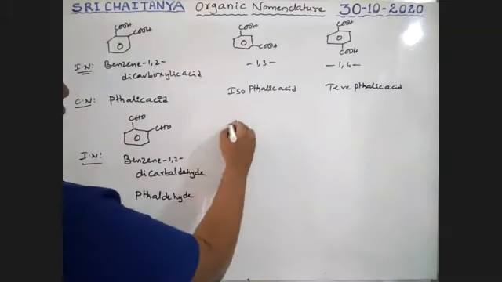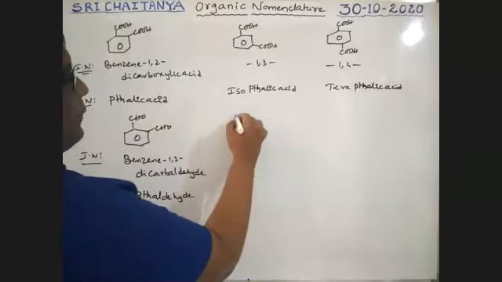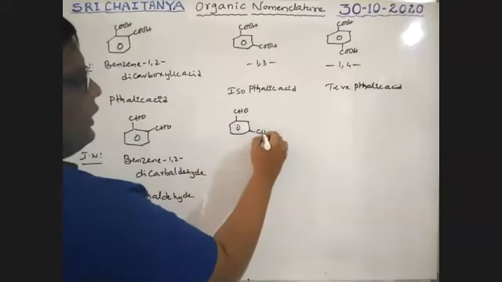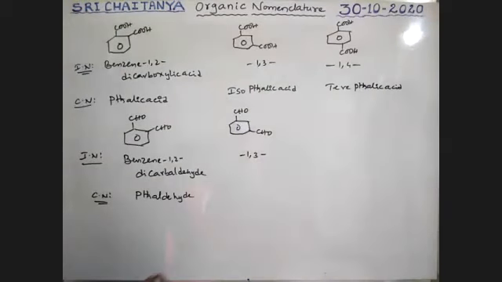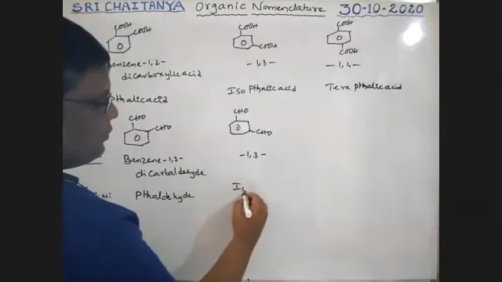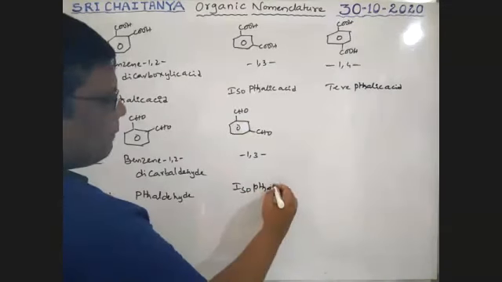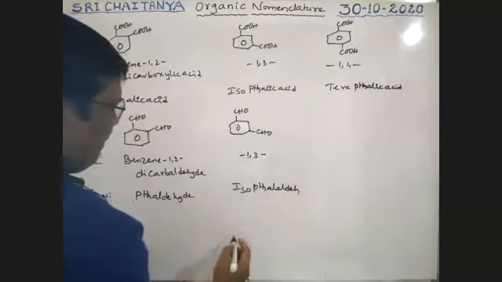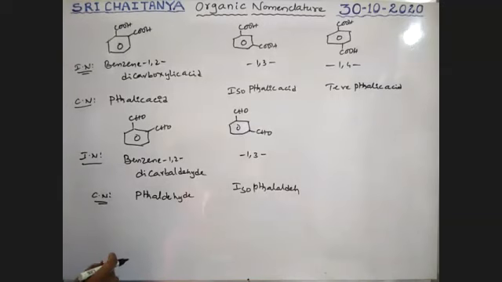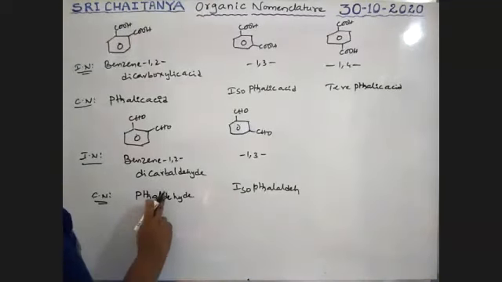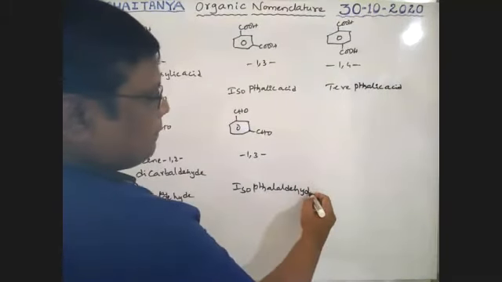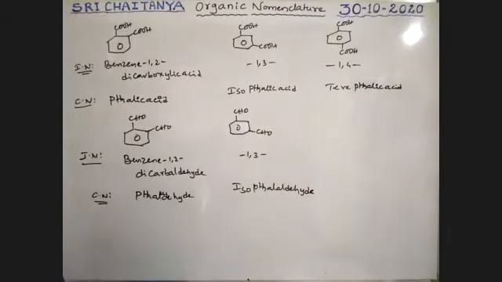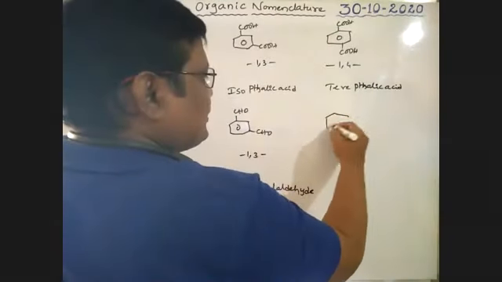Next, the remaining: CHO at 1,3, benzene-1,3-dicarbaldehyde. It is isophthalaldehyde.